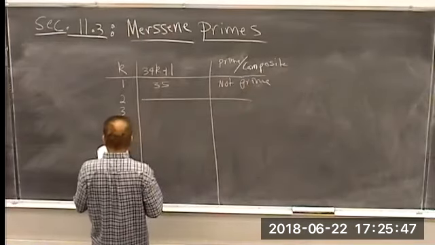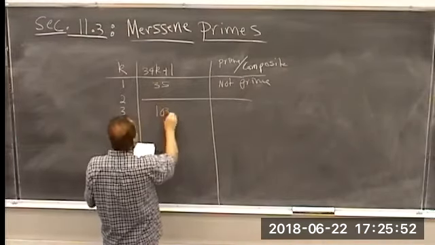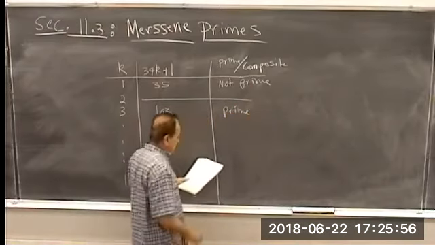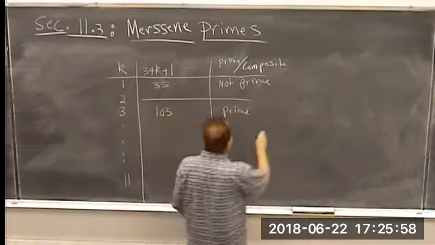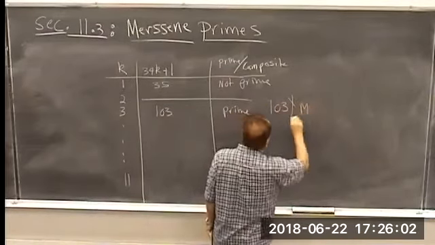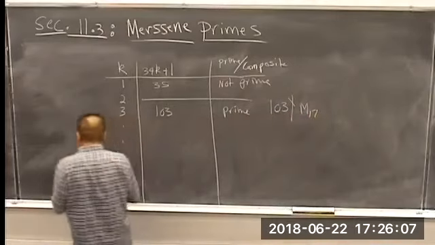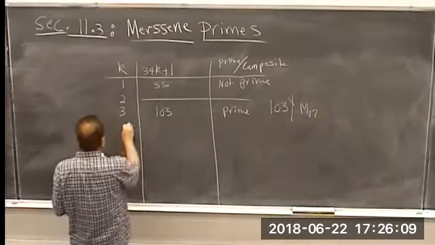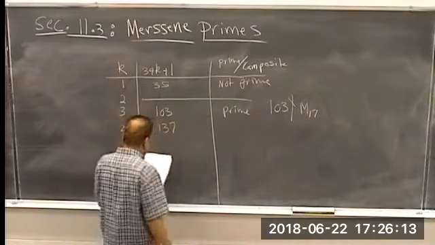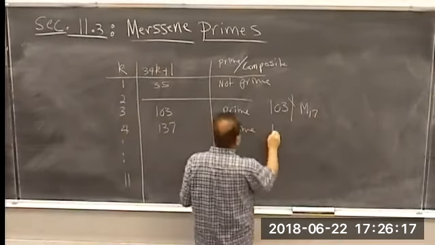Okay. 3, yes, this one is a prime. It gives us 103. So this is a prime, and you can check that it does not divide M17. Then another prime comes in with 137. Again, this is a prime, and it doesn't divide.